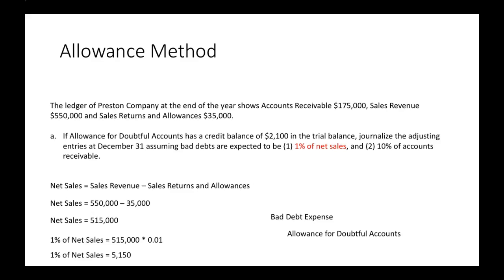But here, when we're doing the percentage of net sales, we found that 1% to be 5,150. So that's the amount that we're going to toss into our journal entry. So we debit our bad debt expense for 5,150, and we credit allowance for doubtful accounts for 5,150.